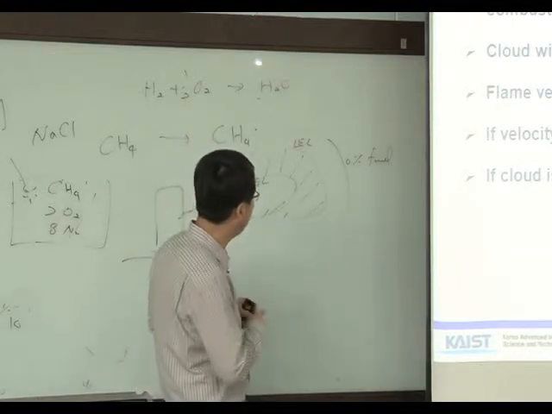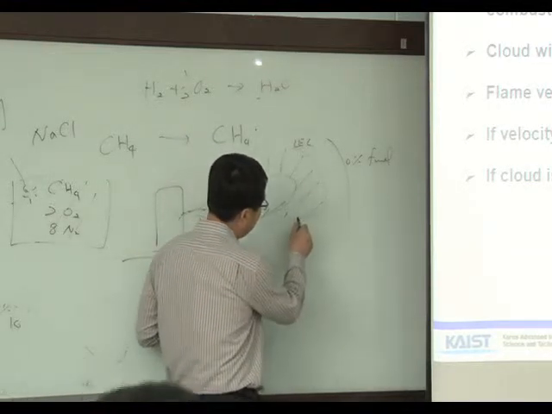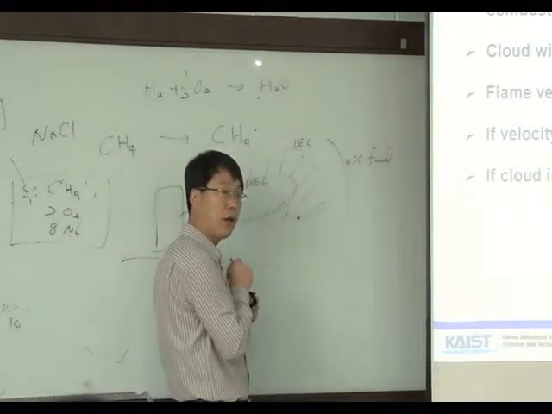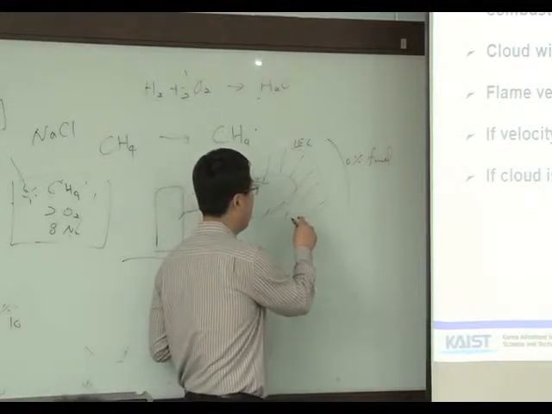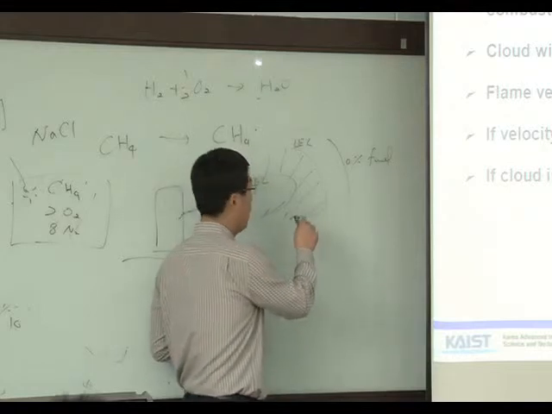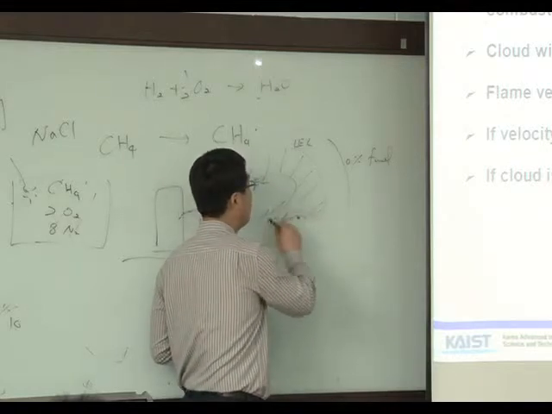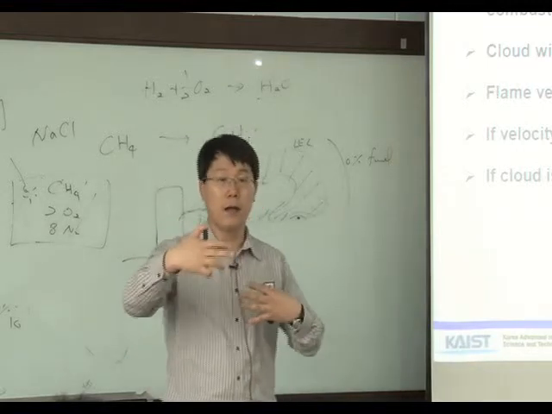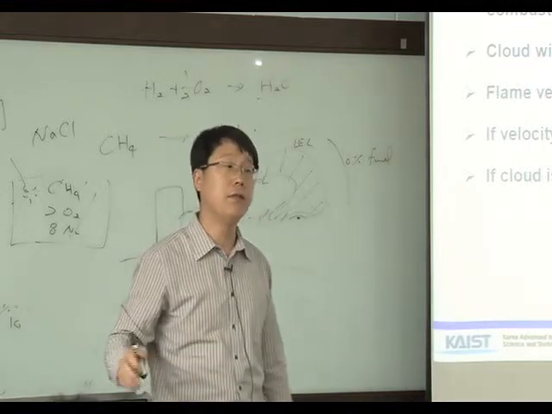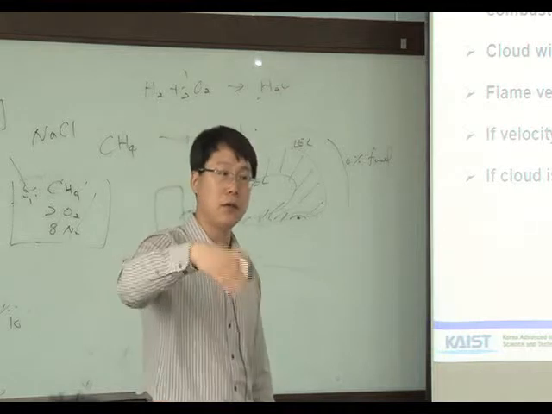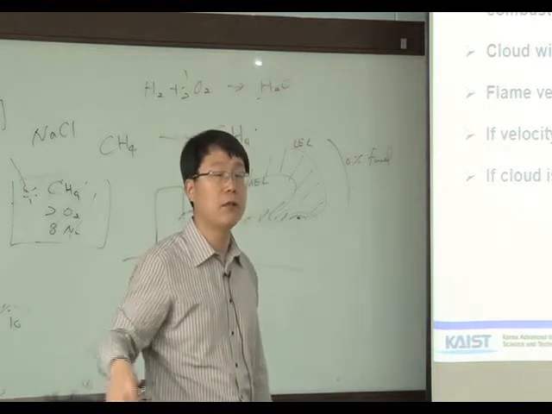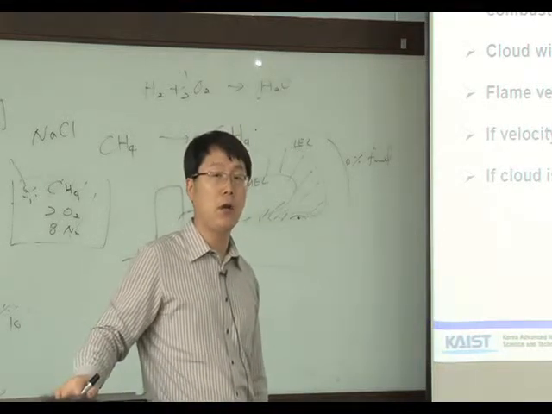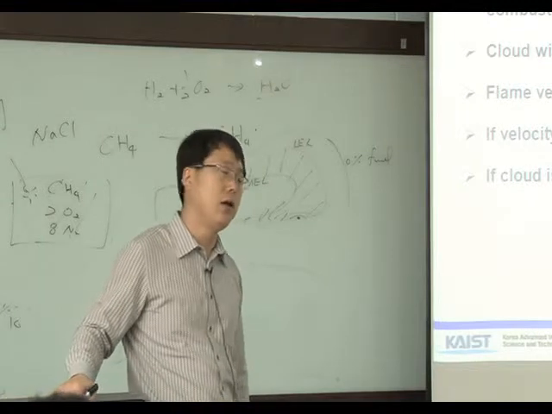Okay, if we have a spark here, we have a flame here. If the propagation rate of this fire is slow, it is deflagration. If the spreading velocity is high, we call it explosion.